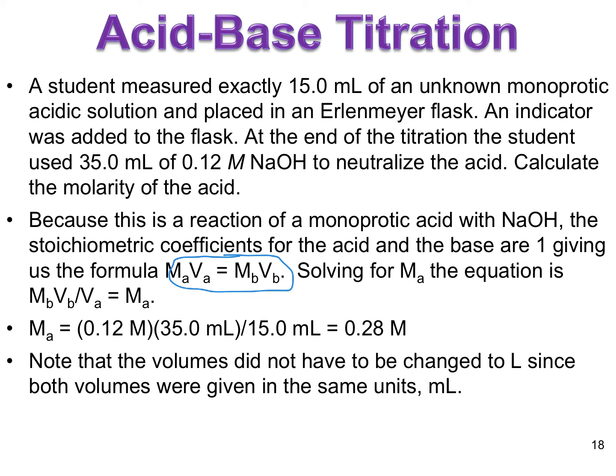Solving for M sub A, the concentration of the acid, the formula is M sub B times V sub B divided by V sub A. Thus, the concentration of the acid, M sub A, is 0.12 molar times 35 milliliters divided by 15 milliliters, which is 0.28 molar. Note that the volumes do not have to be changed to liters since both volumes are given in the same units, milliliters.